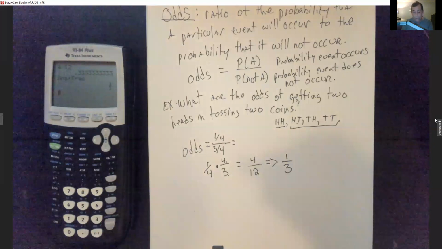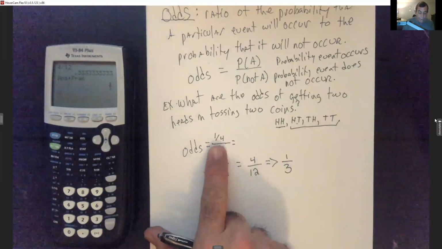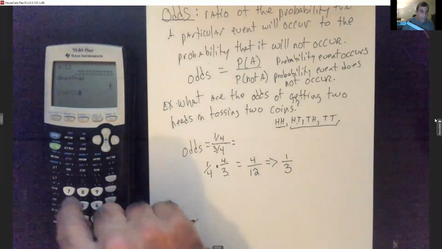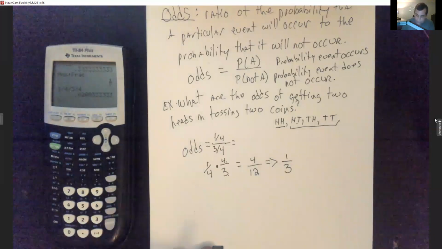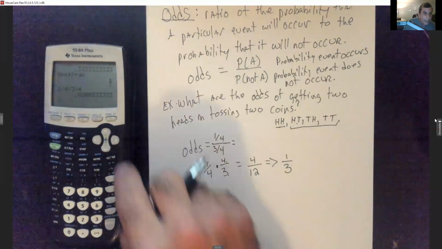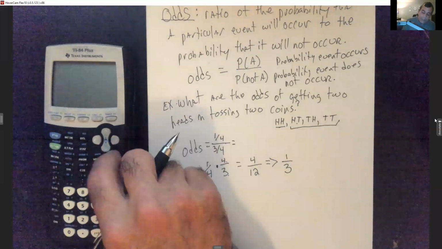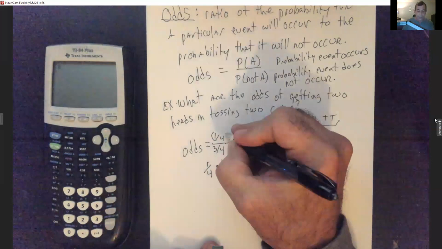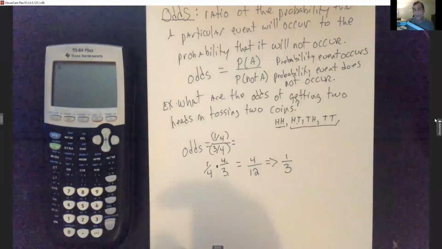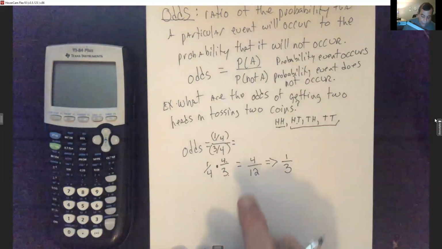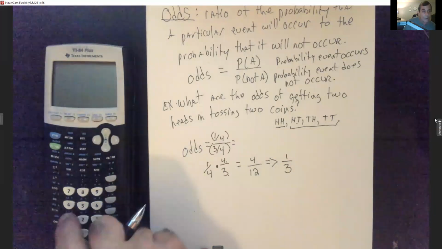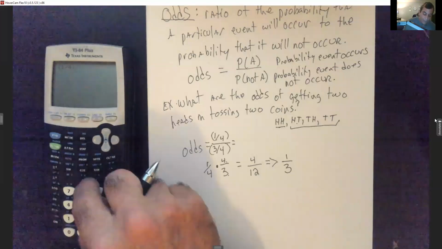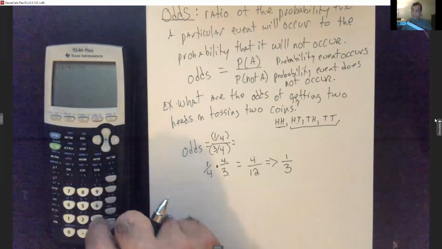Now watch, you can also do this. 1 divided by 4 divided by 3 divided by 4. Oh, I didn't like that. Let me show you the better way. On the calculator, what I would do is put the top and bottom in parentheses so that the calculator knows where your fractions are stopping. So parenthesis, 1 divided by 4, close parentheses, divided by parentheses, 3 divided by 4, close parentheses.